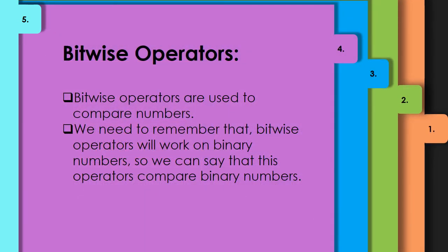Now the last one is the bitwise operator. Bitwise operators are used to compare numbers. We need to remember that bitwise operators work on binary numbers. So we can say that these operators compare binary numbers only. You can't compare any other numbers by using bitwise operators.